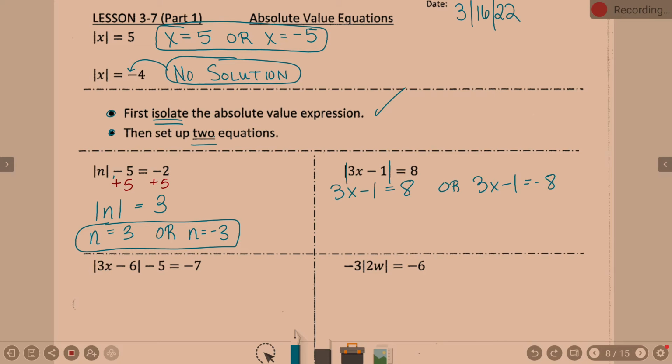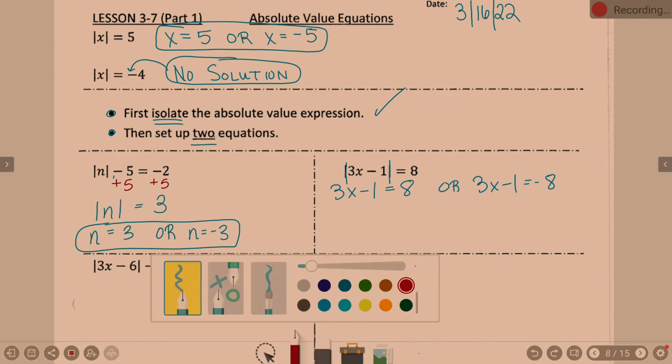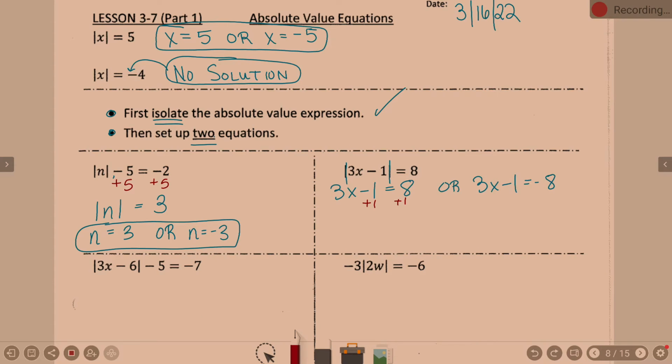And now we have two equations to solve. This is a more typical problem because now I actually have to do solving. Let's work on this one only. You have to add the 1. If it's 3x minus 1, I know I'm going to add 1. If I add 1 on the left, I add 1 on the right.